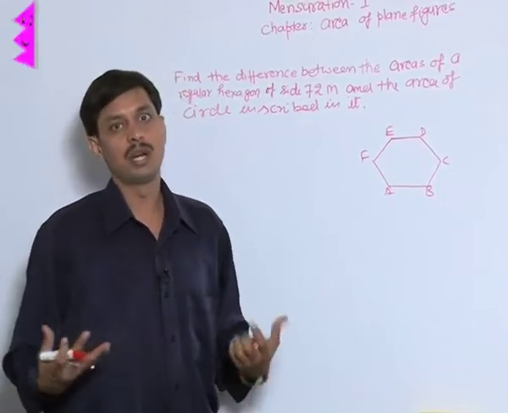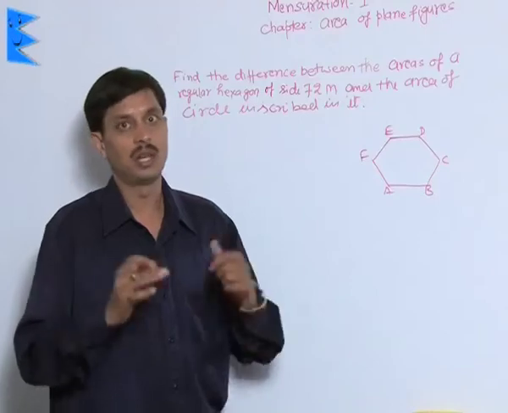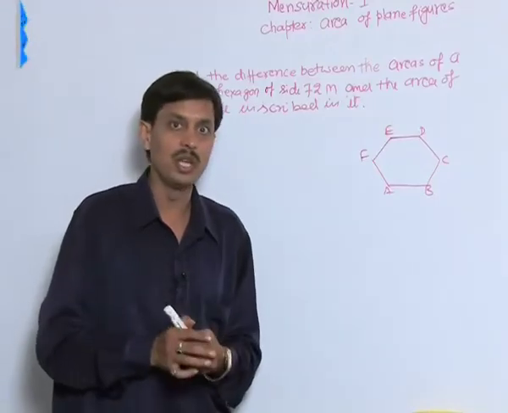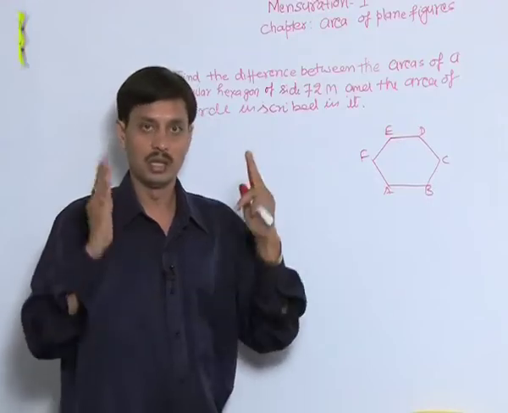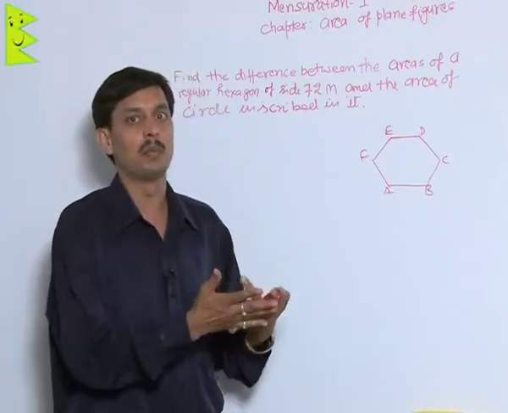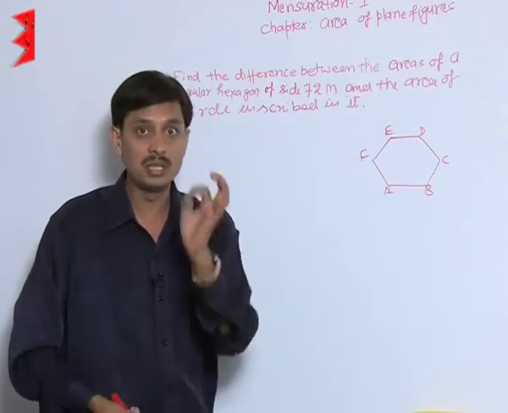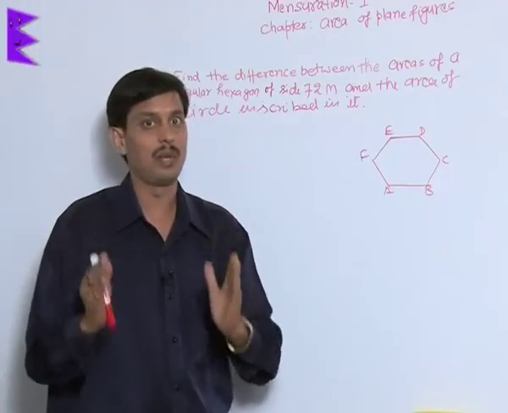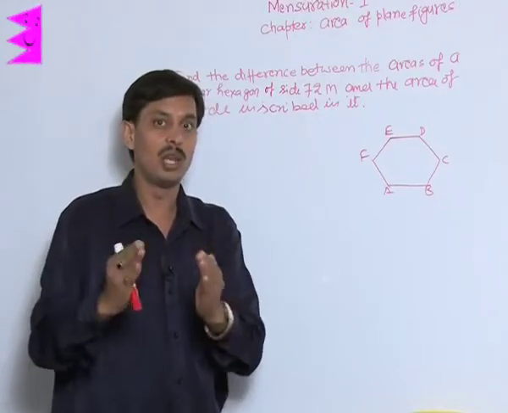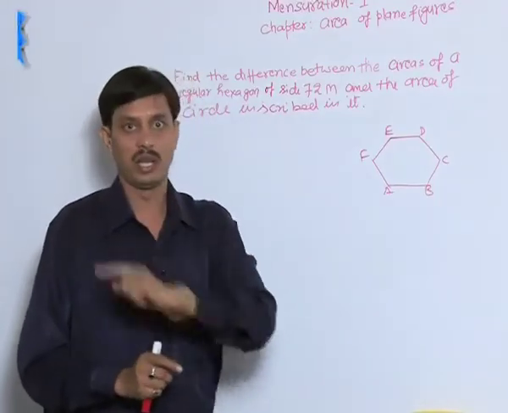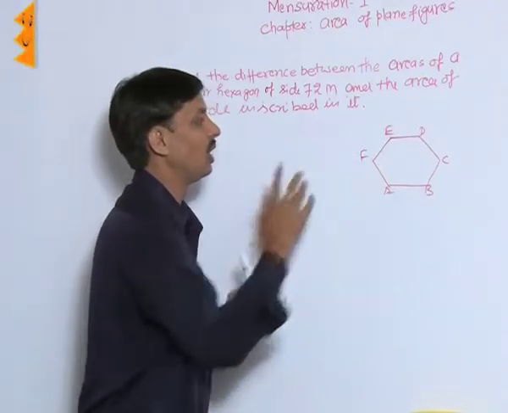Most of the time students get confused and say if all sides are equal, it is regular. No. There is a rhombus and there is a square. The rhombus is not a regular polygon, whereas the square is a regular polygon. The simple logic is that a square has all angles and all sides equal, whereas a rhombus has only sides equal, not angles.